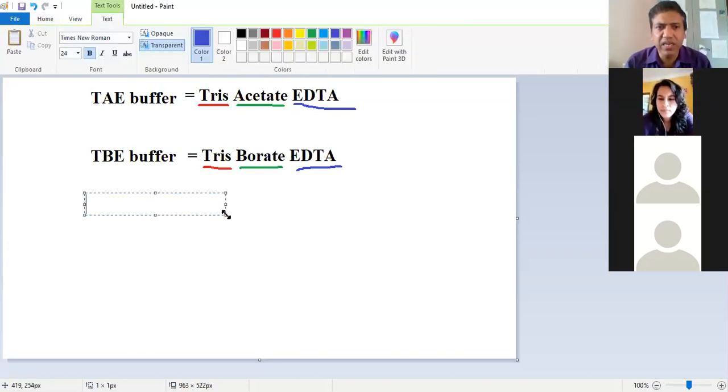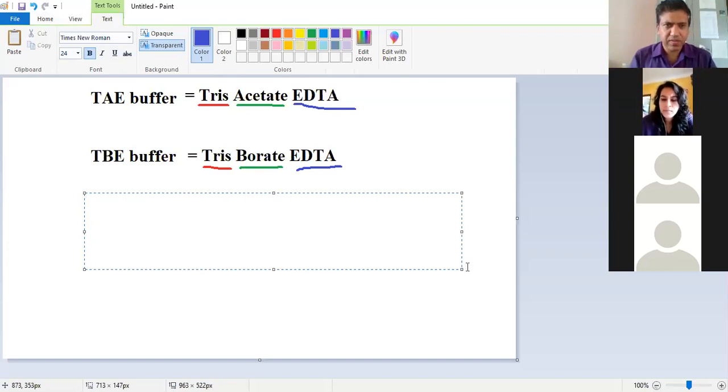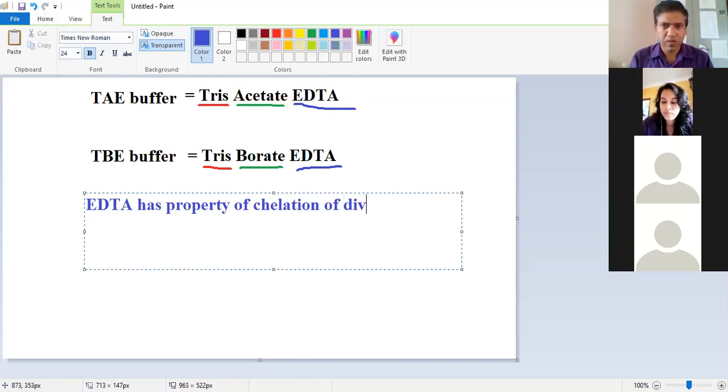So EDTA has the property of chelation of divalent cations. If you see its structure, it is a complex compound.